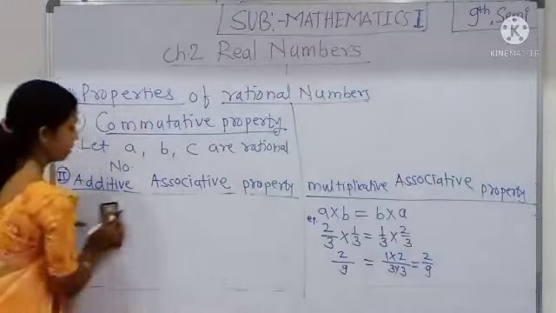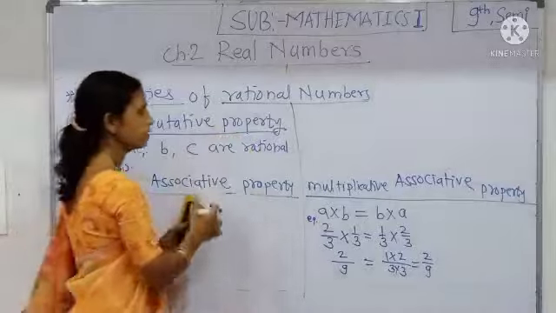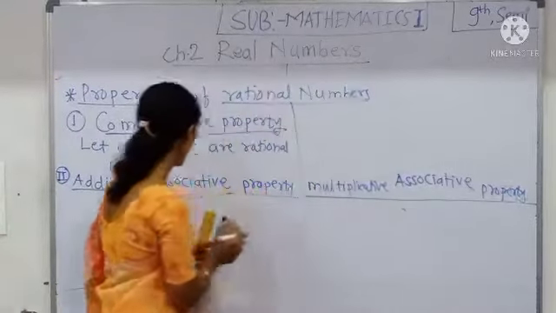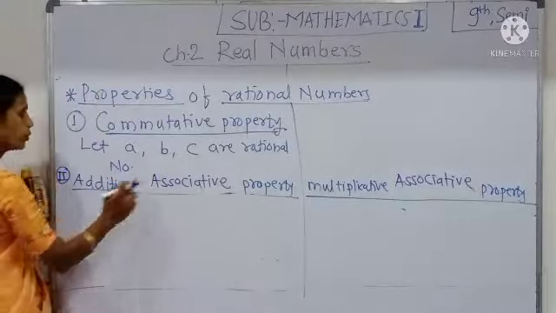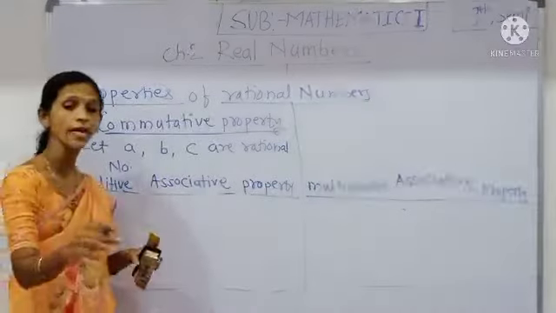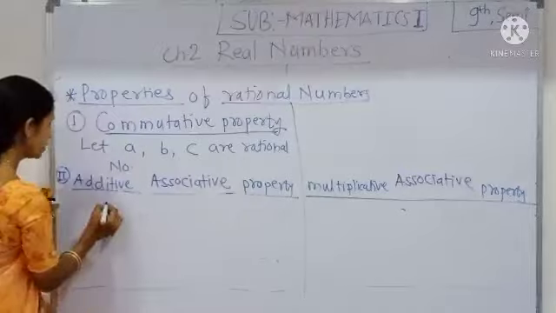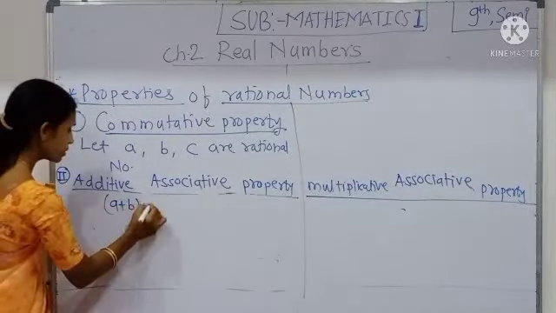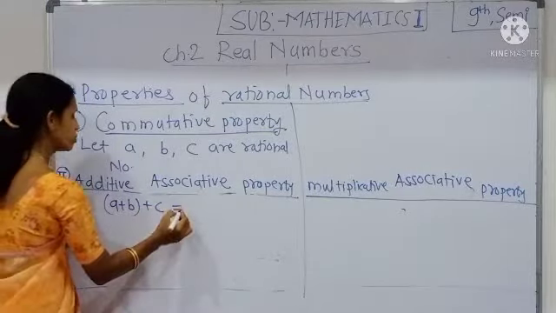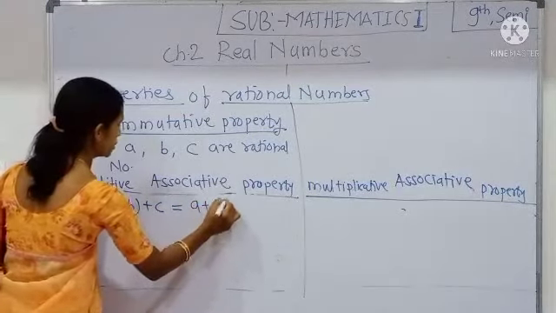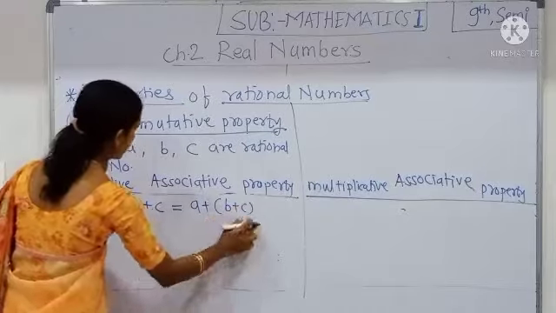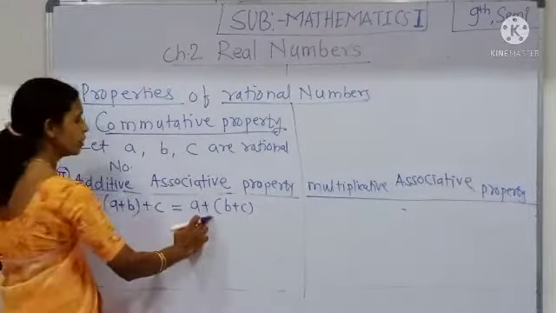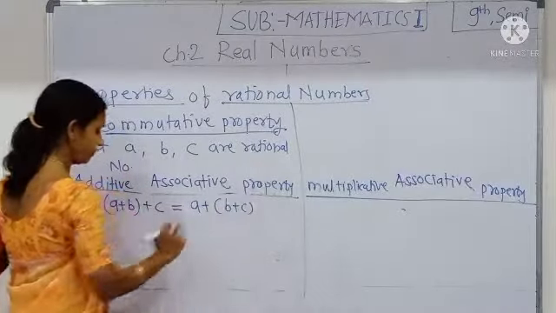If A, B, C are rational numbers, then here associative property, which is related with the addition, that is here A plus B in bracket plus C is equals to A plus in bracket B plus C.